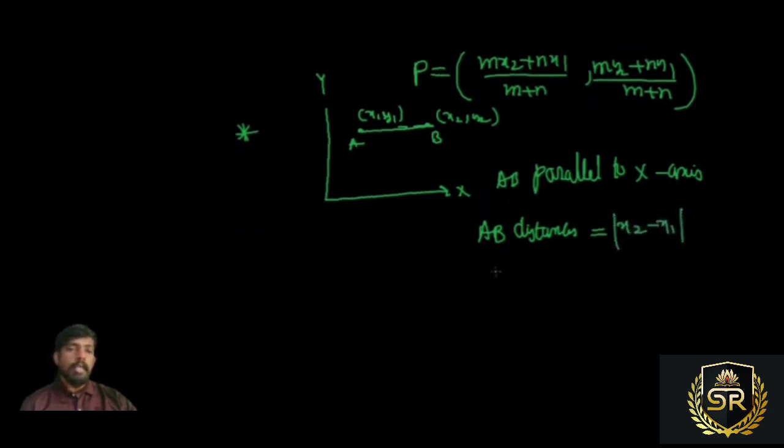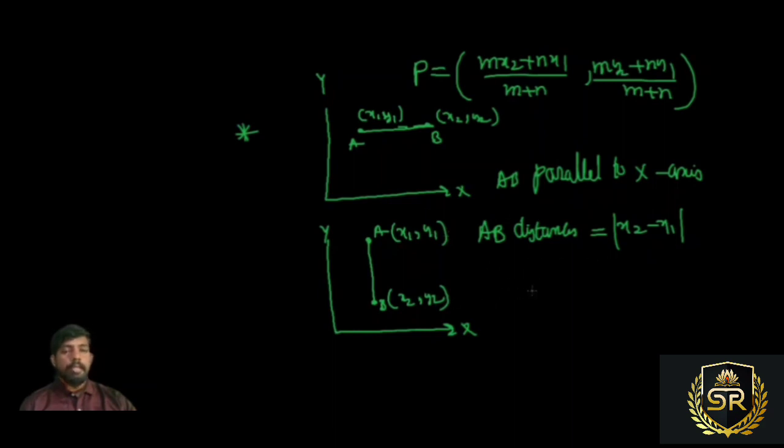Next, if line AB is parallel to y-axis, let us consider x-axis, y-axis, and this point is A, x1 comma y1, and this point is B, x2 comma y2.